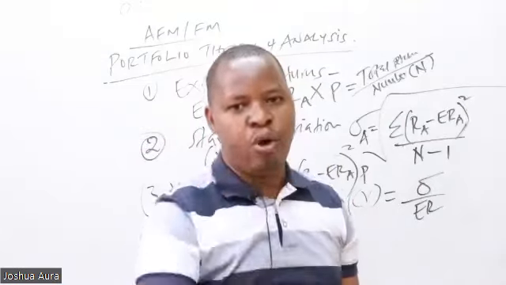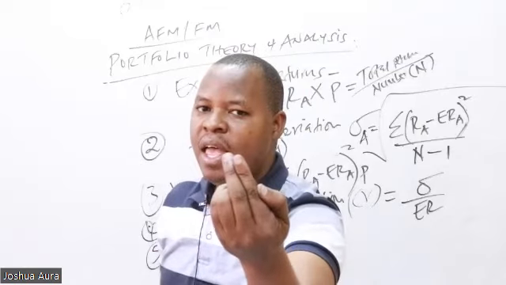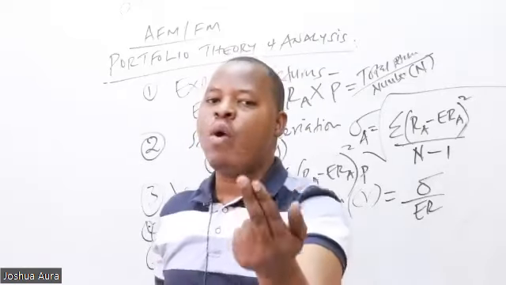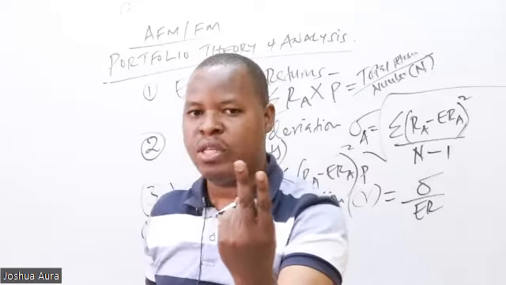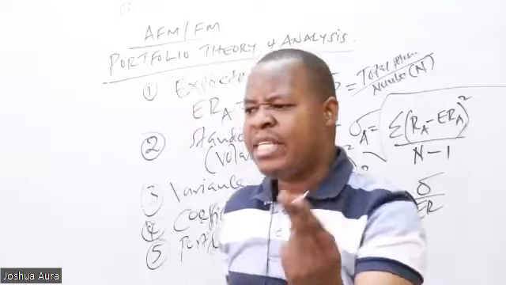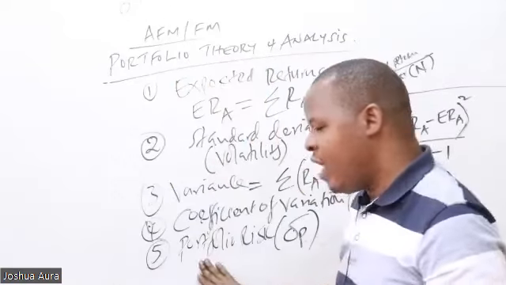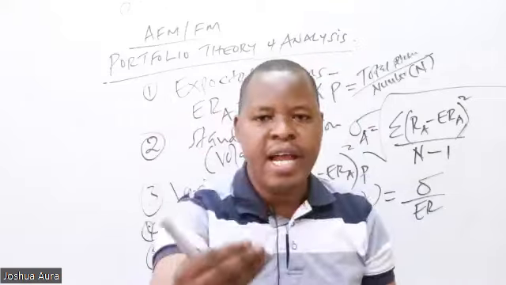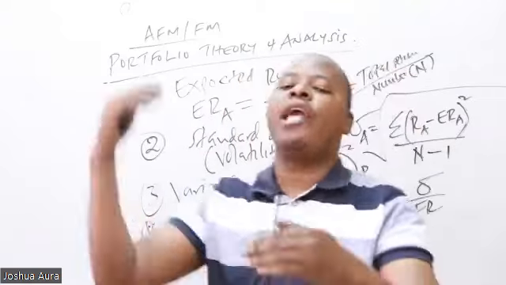We have two methods: when you are given covariance, and when we are given correlation coefficient. But let me not start with this one, so that we can cover the covariance and the correlation coefficient first. And then when you come to this, we will include the two.